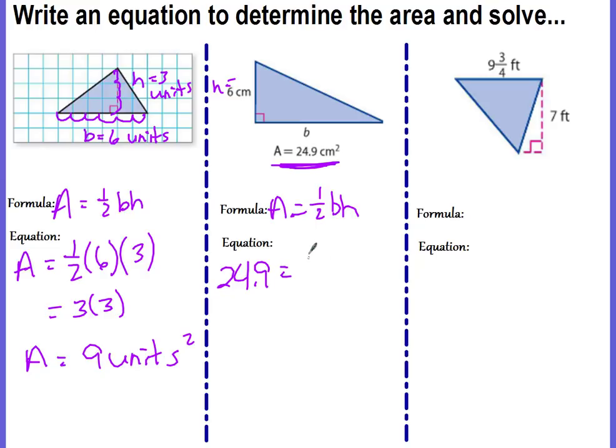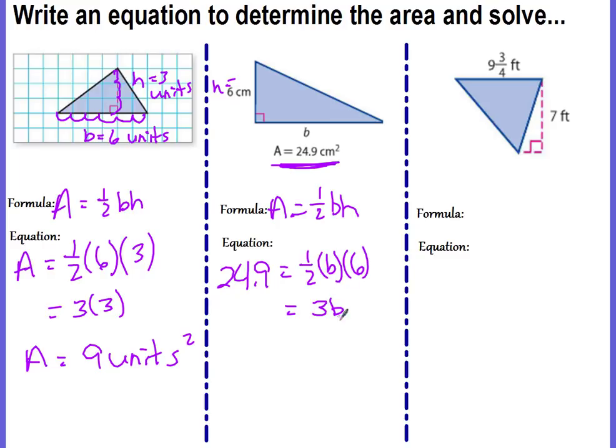So the equation is going to be 24.9 equals half. The base is B. We don't know what it is. And the height is 6. Okay, so again, I'm going to take half of this 6, half of the even number. Half of 6 is 3. So that's going to leave me 3B. And remember, in multiplication you can move them around. You can change the order because of the commutative property. So that's why in my head I put the half next to the 6, and half of 6 is 3.